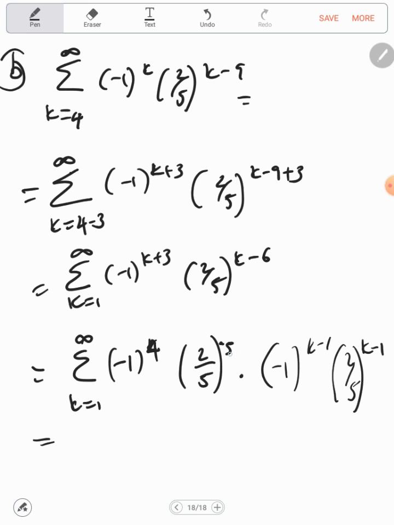So that means we have this raised to the power minus, but since it's raised to the power minus, it just means it's like that, which is just the same as 5 over 2 to the power 5. And since all these have got the same power, we can just multiply.